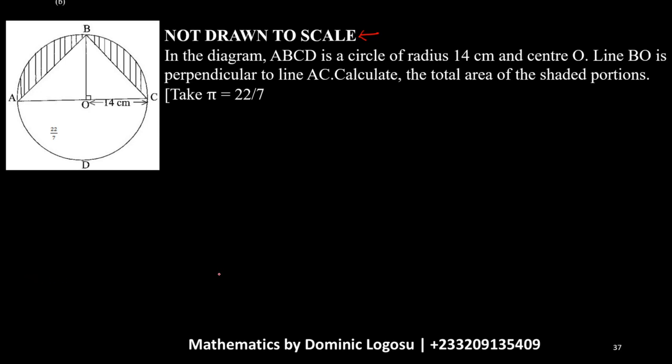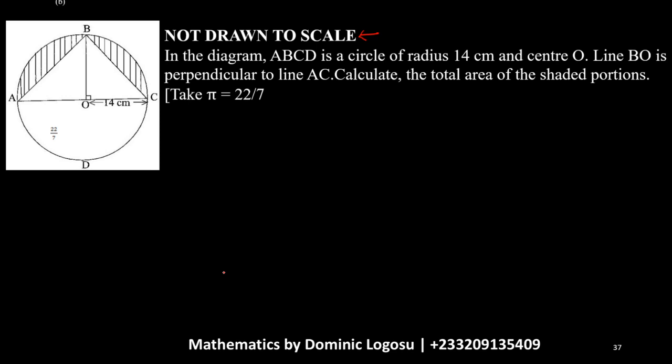So let's read our question and start. We have in a diagram A, B, C, D is a circle of radius 14 centimeters, and center O. Line BO is perpendicular to the line AC. When they say something is perpendicular, it means it is very straight, so it is 90 degrees relating to that particular line.